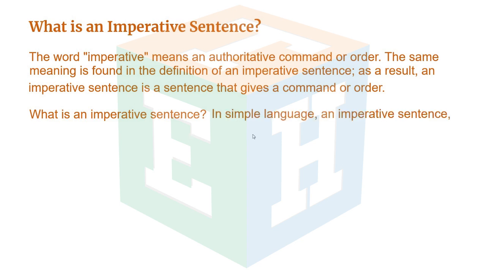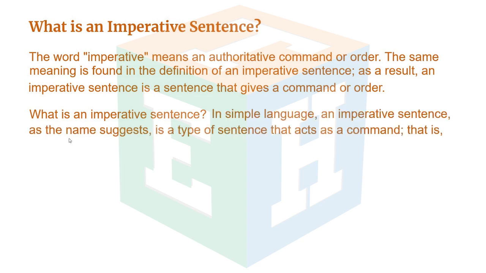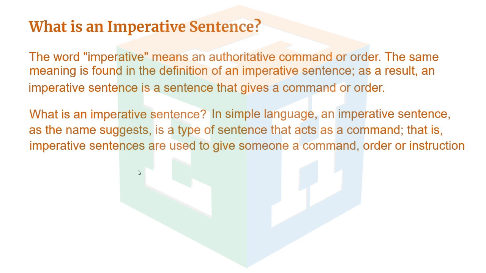In simple language, an imperative sentence, as the name suggests, is a type of sentence that acts as a command. That is, imperative sentences are used to give someone a command, order or instruction, or make a request, offer or suggestion to them.